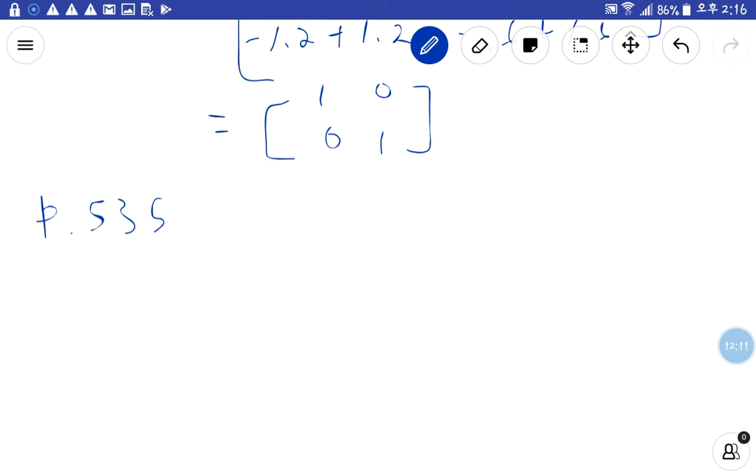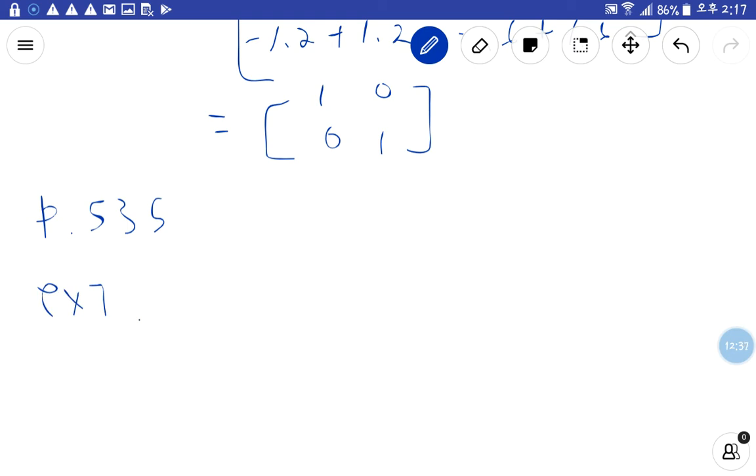Example 7 is showing that we don't find a specific inverse matrix. So I'm going to do example 7, and then in the next video we're going to work on how we can get the actual inverse matrix by calculation. So example 7 is this.